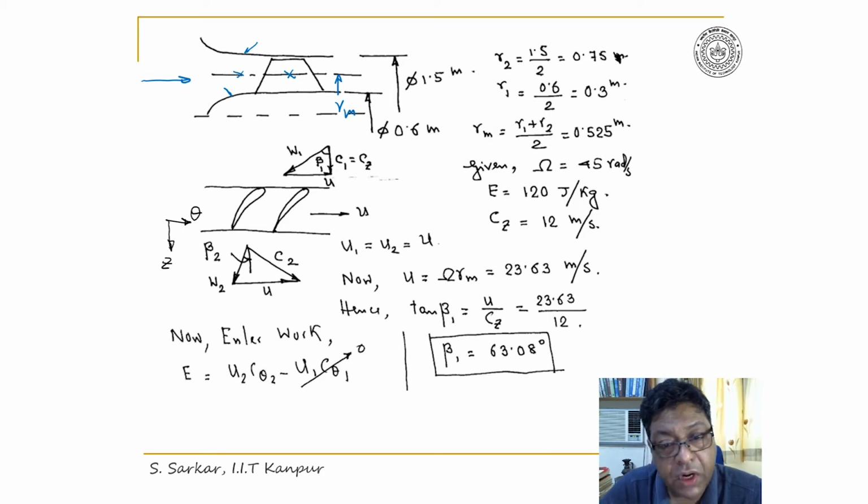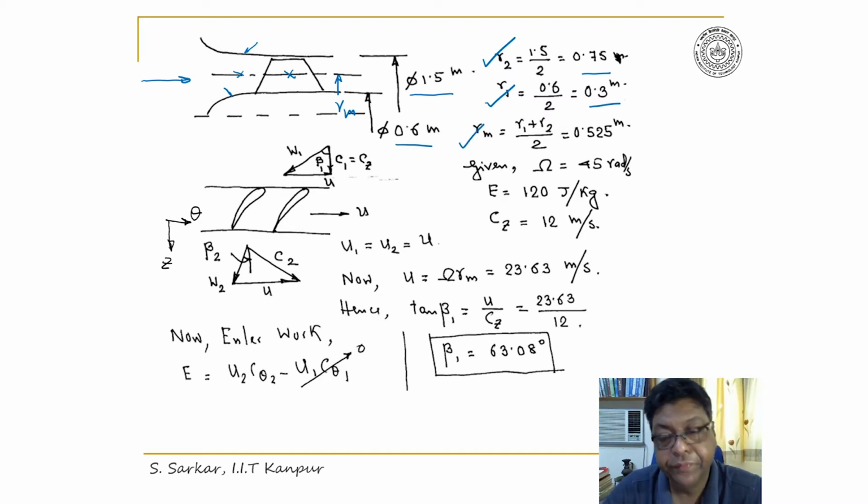D2, that is outer diameter of the impeller, is 1.5 meter, and inner diameter D1 is equal to 0.6 meter. Thus, I have calculated radius R2, that is D2 by 2, that's 0.75 meter. I have calculated R1, that is 0.6 divided by 2, equal to 0.3 meter.